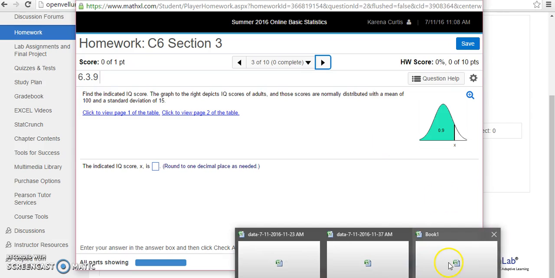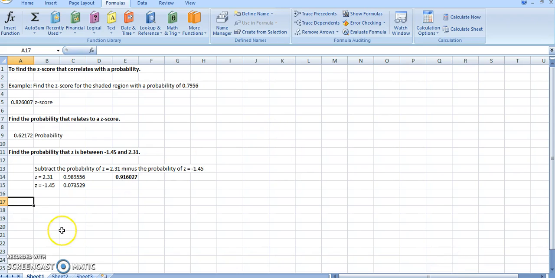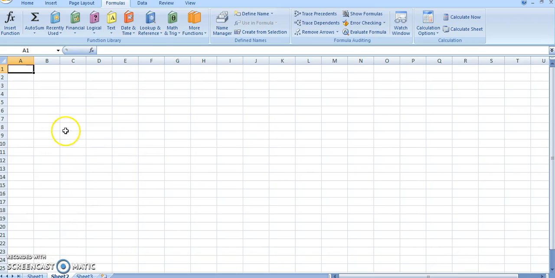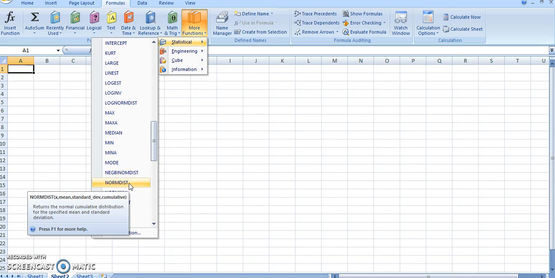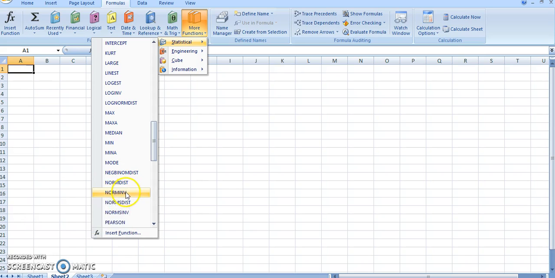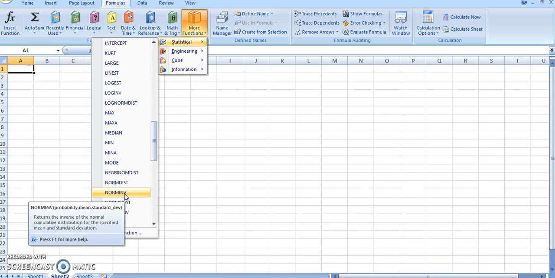So when I go into Excel, again, I go to more functions, statistical, and now with a normal distribution, not a standard normal, just a normal, this is how you would find the probability, and this is how you would find the x.